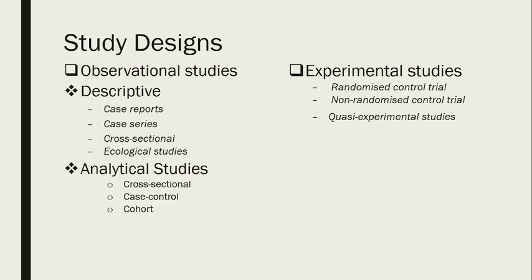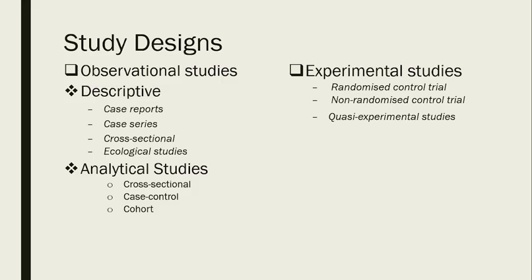At the end of the study, some people might develop the condition, others will not. Then they form the groups. You now compare the two, compare the exposures. What were they exposed to that might have led to the disease? So that becomes a cohort study. So these are all observational studies. Descriptive and analytical studies all fall under observational studies.